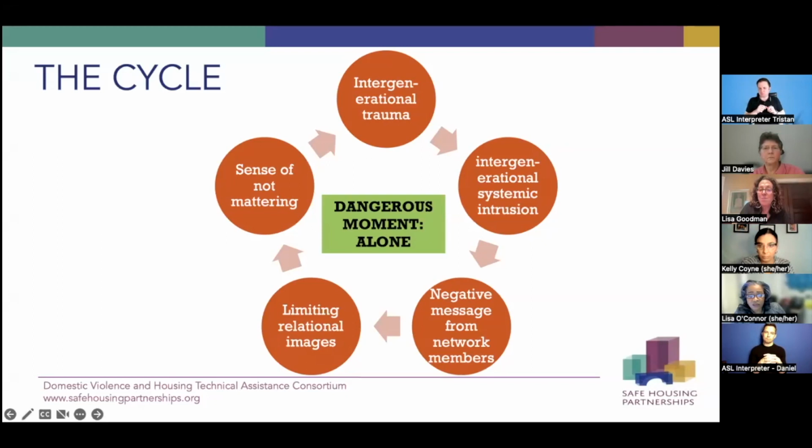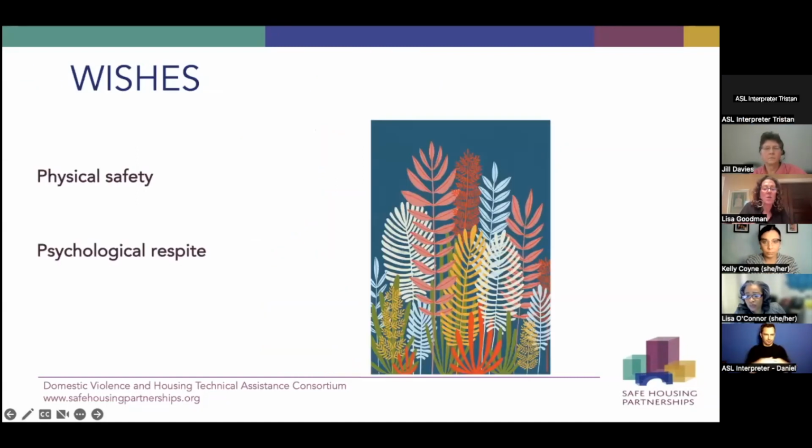So in the dangerous moment, when survivors were terrified and unable to manage on their own, they had nowhere to turn, or they felt that they had nowhere to turn. And that in turn reinforced this pattern of having no one. So I want to turn now, on the next slide, to what they wanted.